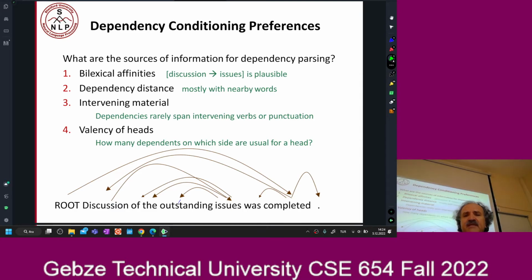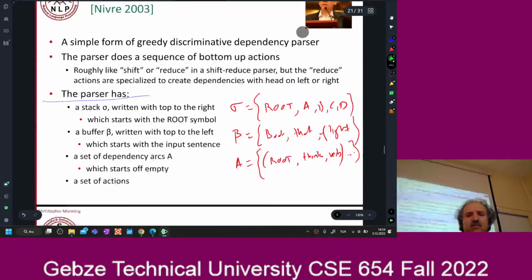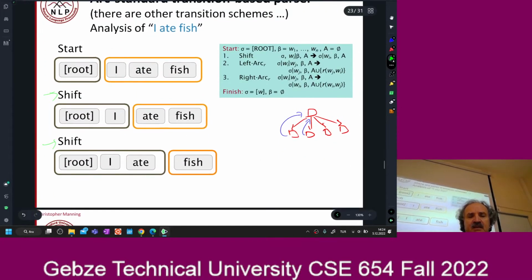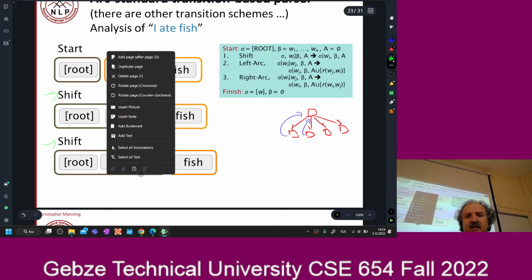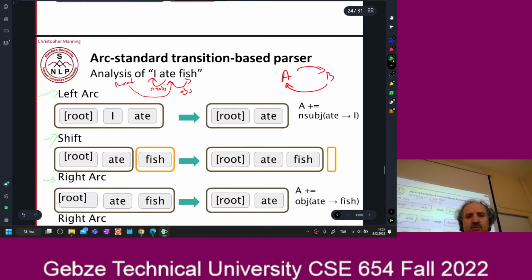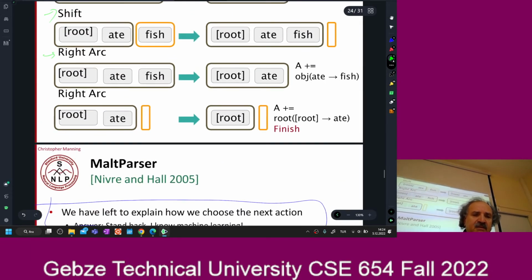Verb first, but in this case, the verb was the last one, right? I shifted again. Now the third time I'm not shifting, I am going to make an arc between those. Right? And I shifted, and at the last time there is the word, and the verb was the last one to leave my stack.